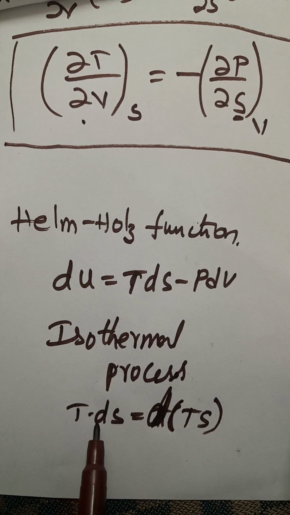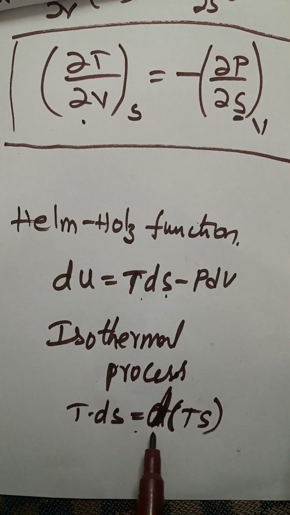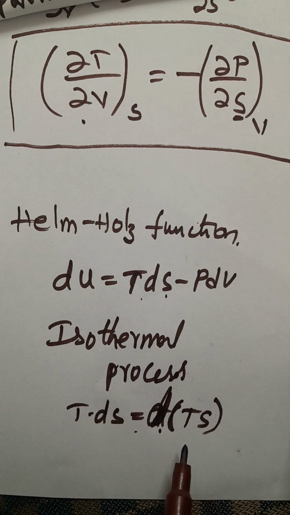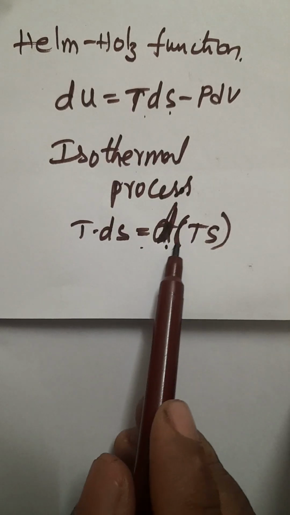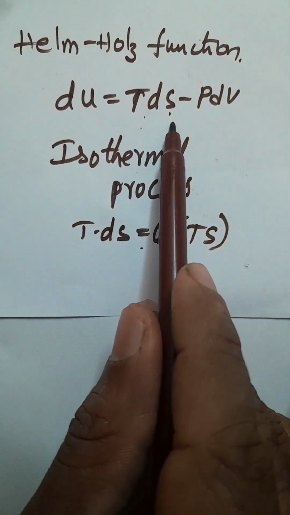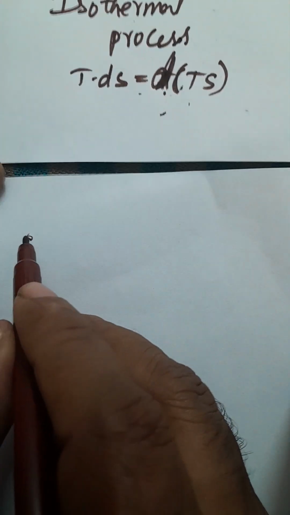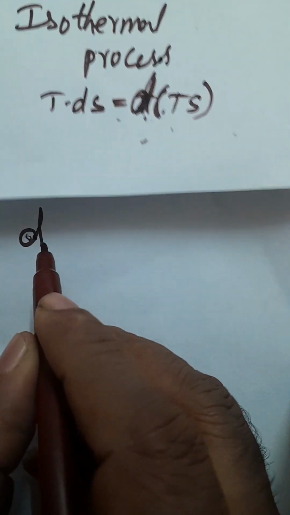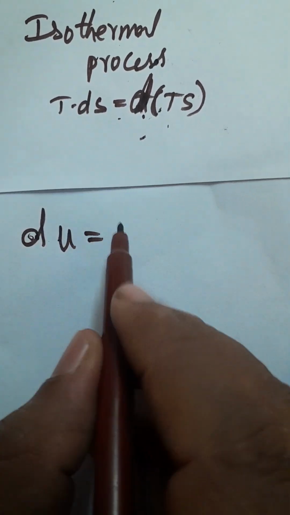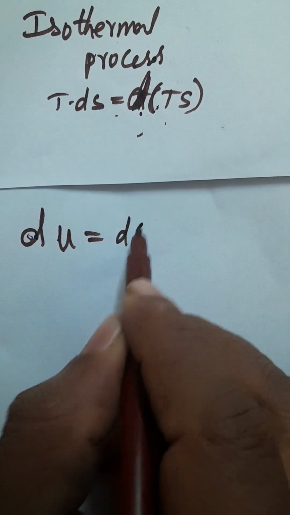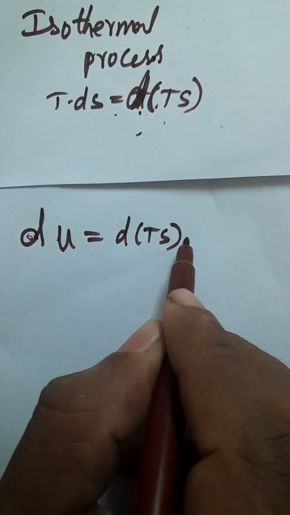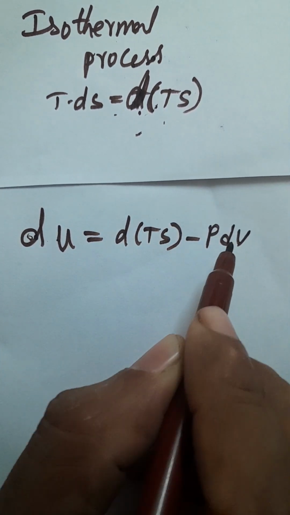That means instead of T into dS, we will write d of TS, because in this process temperature is constant. Therefore the equation is dU equal to d of TS minus P into dV.